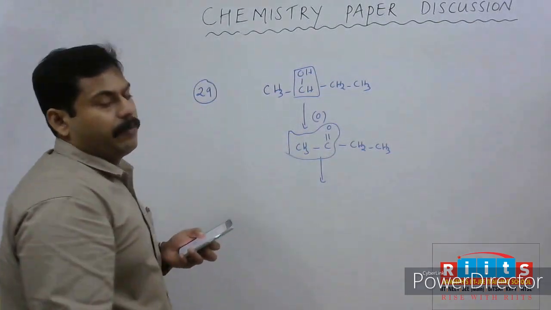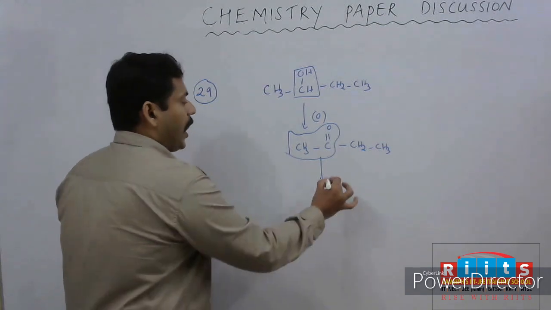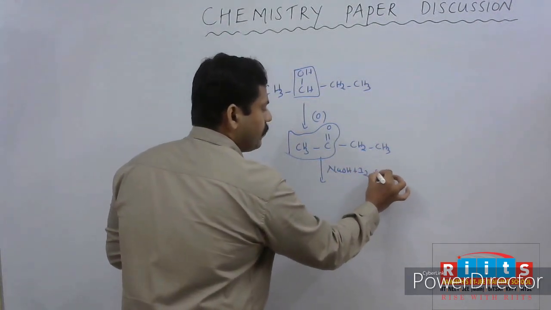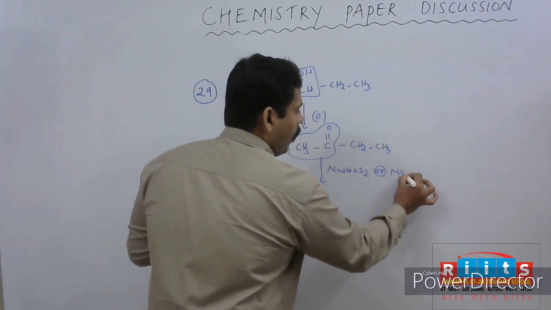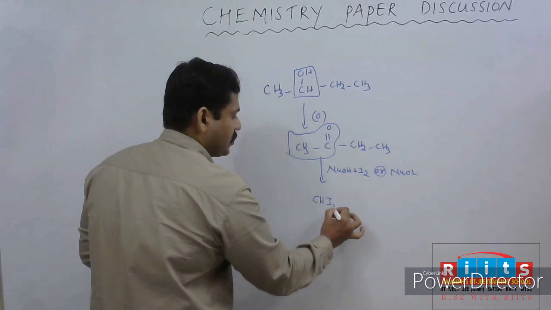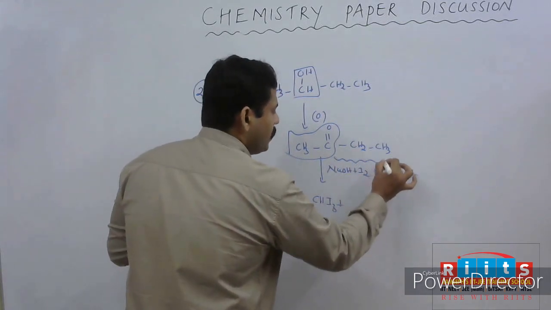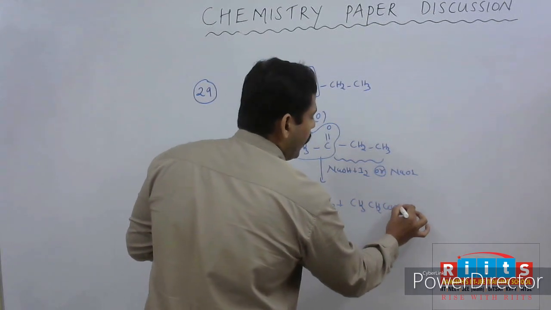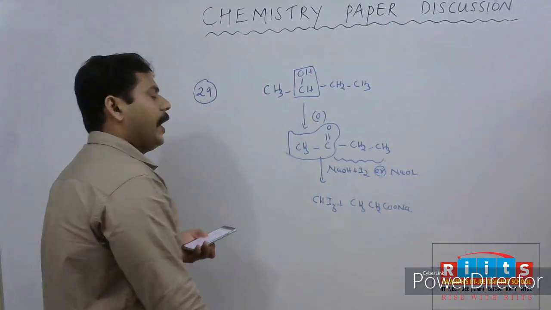In the iodoform test, that is NaOH plus I2 or sodium hypoiodite, CH3 will be converted to CHI3. This part will be converted to the sodium salt, right? So CH3, CH2, COONa. So definitely it will undergo the iodoform test.